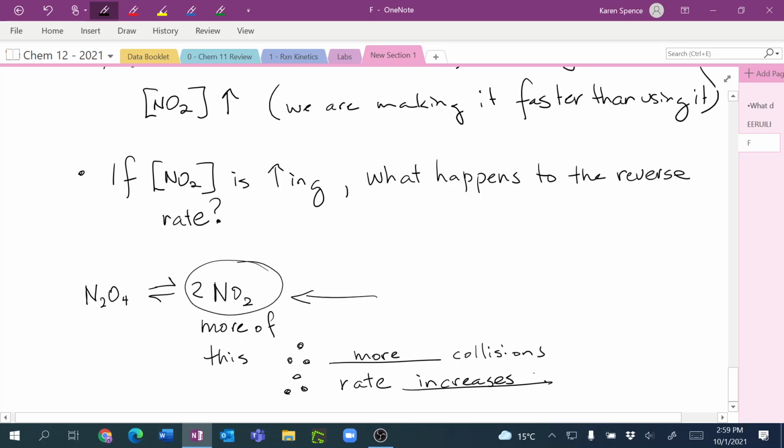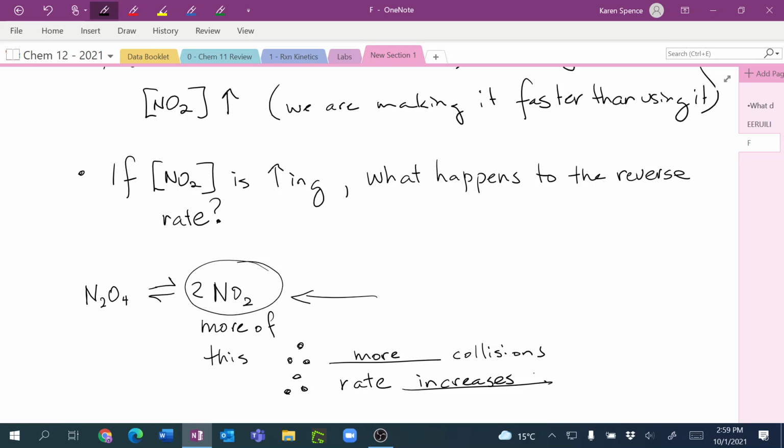So, originally the rates change because we changed the temperature, yes? And in response to that, the concentrations change, yes? Because now one rate's faster than the other. And now because the concentration is changing, the rates are going to change again, yes?